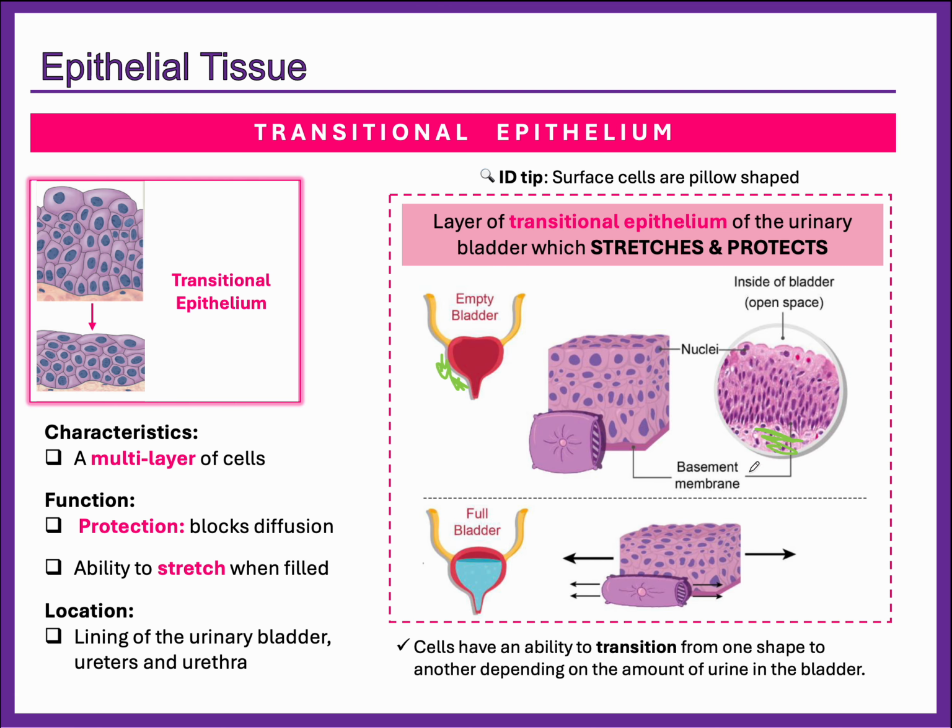So over here, when the bladder is full, it pushes against the wall, all this urine pushes against the wall, and these nice big pillows that were big and fluffy now become squishy and small. So that's transitional epithelium, and it'll transition depending on the amount of urine that's in the bladder. It has a lot of elastic fibers in it, okay?